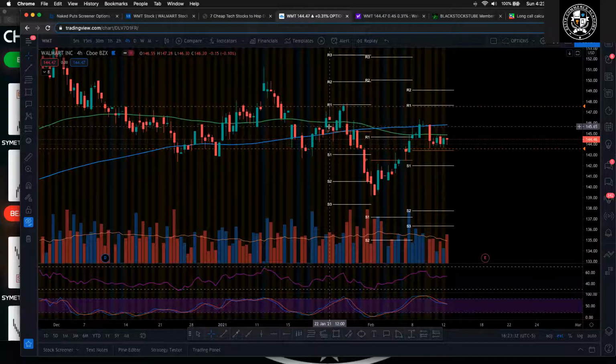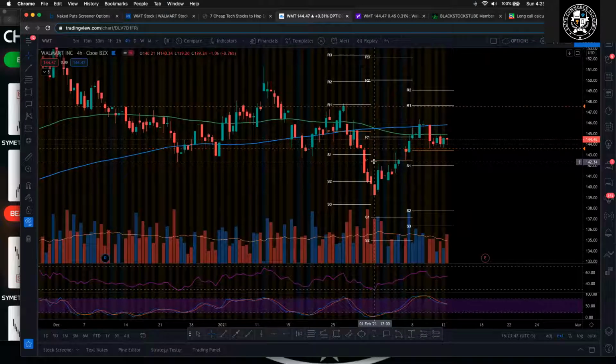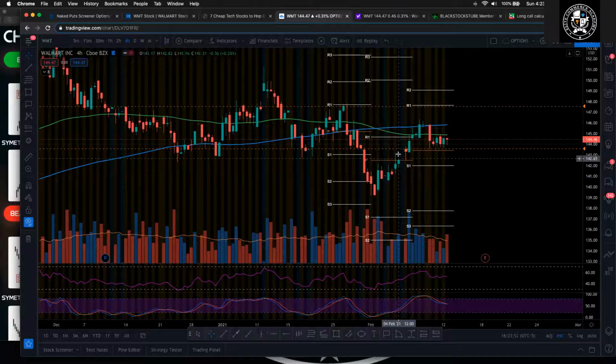So if I look at 3 weeks ago, price opened above the pivot and then it hit its resistance point. And then it came all the way down to support, broke through the first level, broke through the second level. Then on the second week, it opened below the pivot and then it rose up through the pivot, hit the resistance point, busted through resistance, opened up above the pivot last week, didn't hit resistance, and now it's going back down.